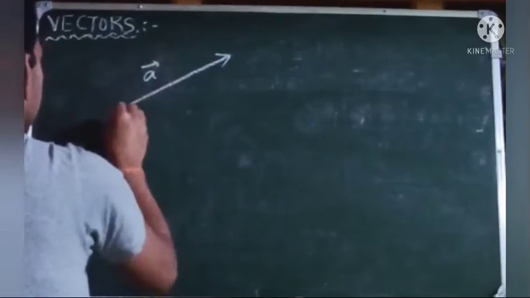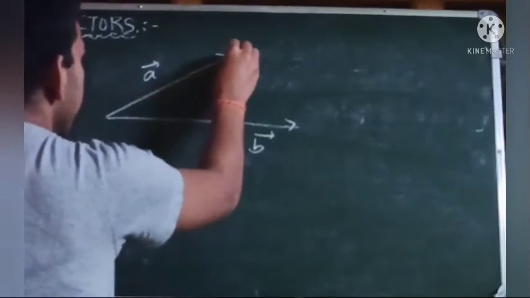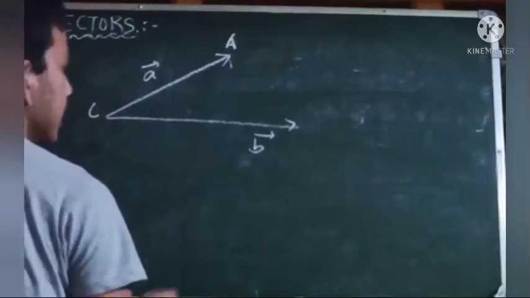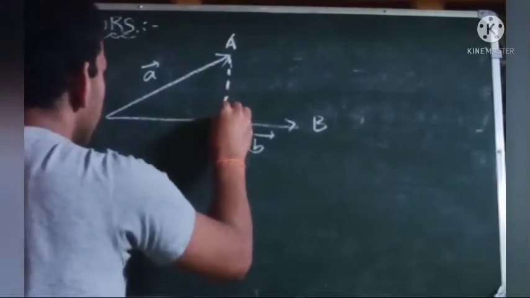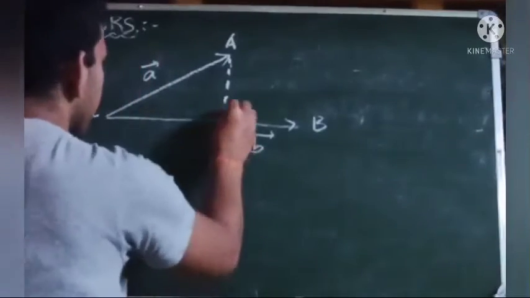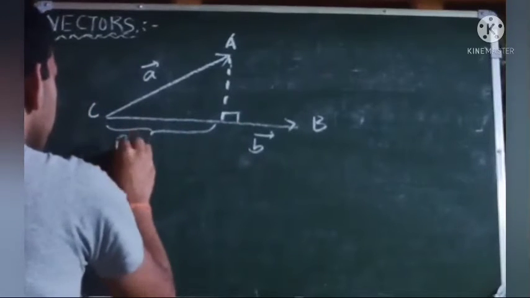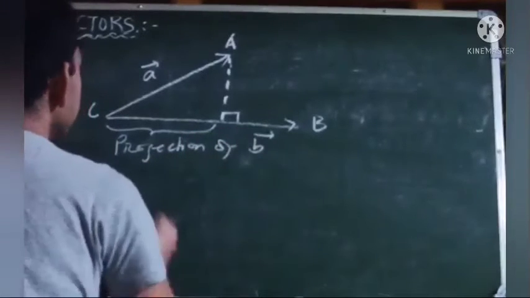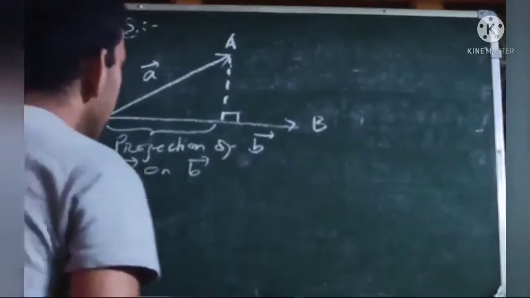Suppose we have this as a vector and this vector is b vector. Then suppose this is A, this is C and this is B. Let us draw a perpendicular from the point A on the line BC. Then this portion is called the projection of A vector on B vector.